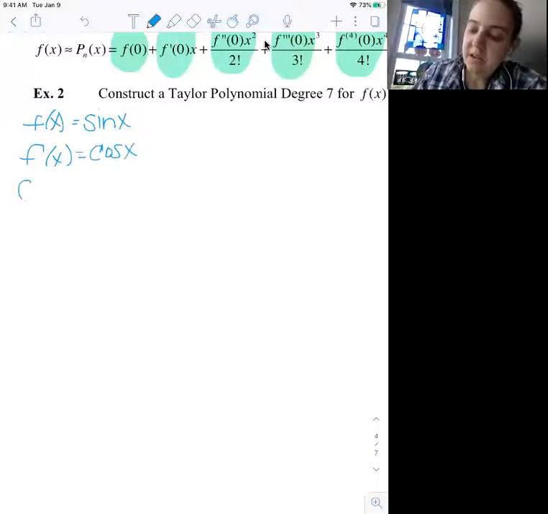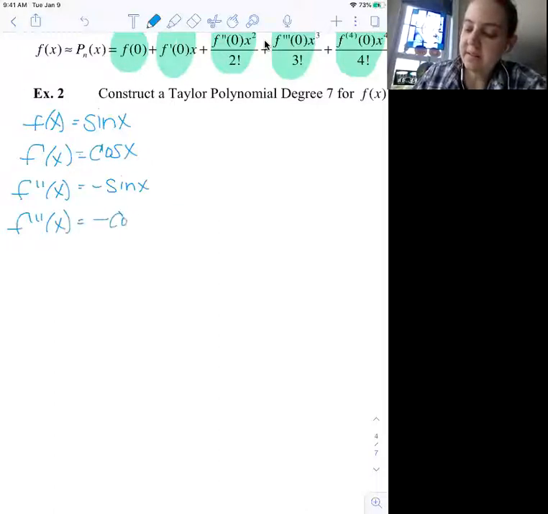And the second derivative is negative sine of x. And the third derivative is negative cosine of x. And the fourth derivative is, the derivative of cosine is negative sine, but it's already negative, so this will be positive sine of x.